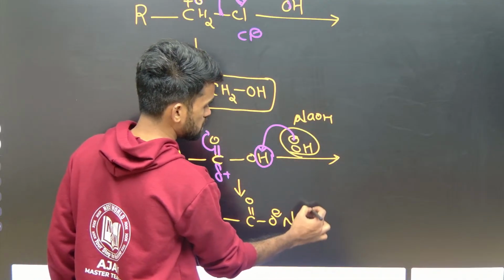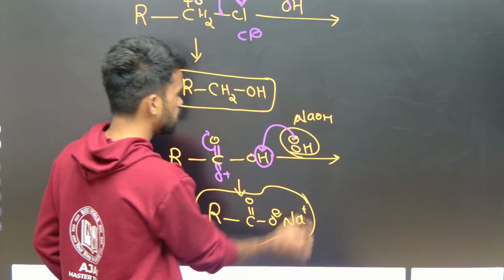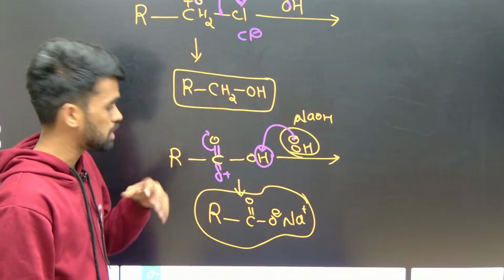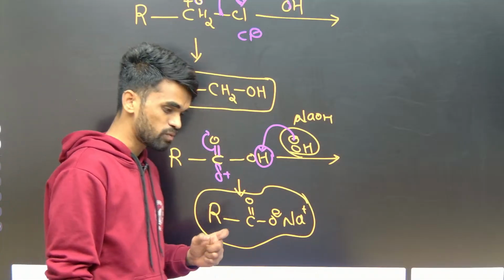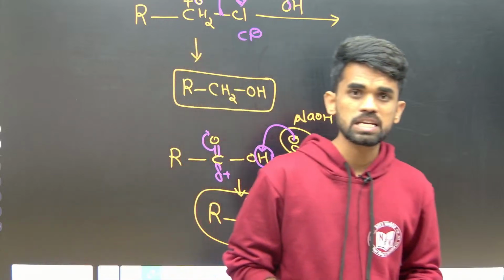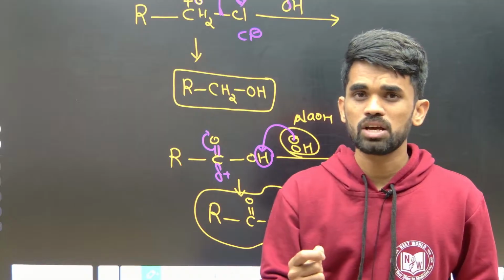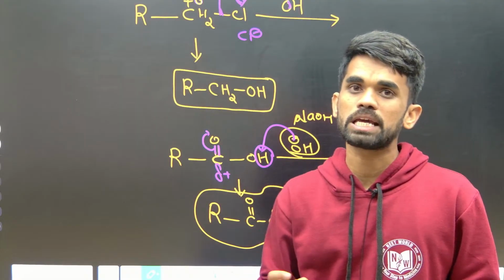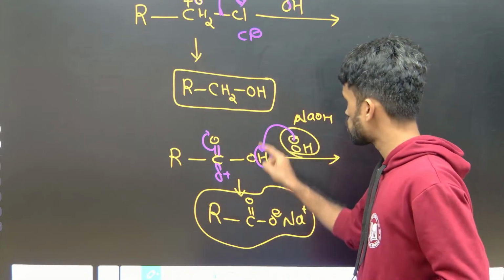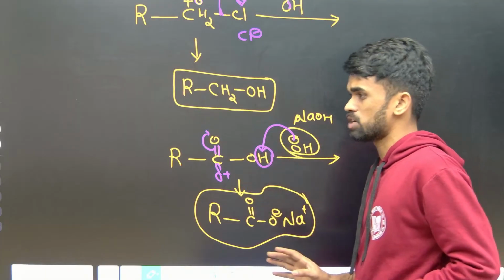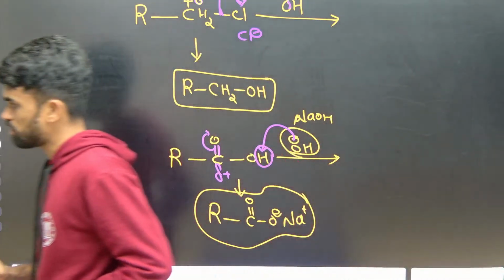This salt formation takes place first, and then only if any other reaction is possible, that reaction proceeds. In a given organic reaction, if there is any chance for an acid-base reaction, it takes place first instead of nucleophilic attack or electrophilic reactions. Remember this point, very very important.